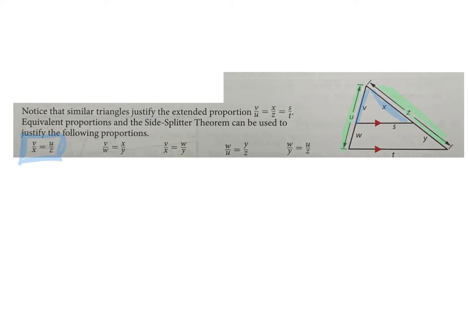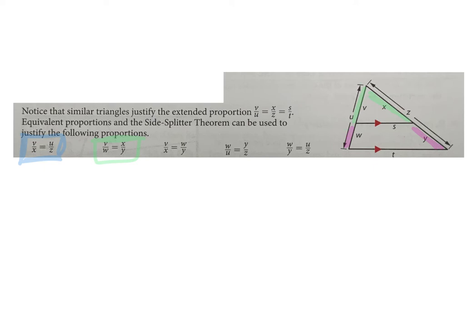So you can see that proportion. If you look at the next one, you'll see that they compared V and W, which is the piece and the piece that we just talked about. So V to W, and they compared that with X to Y, which is the one we just did. All right, that's a proportion.